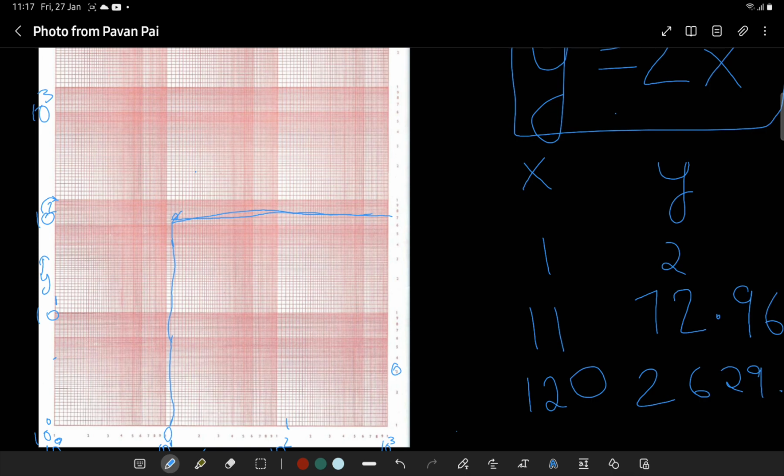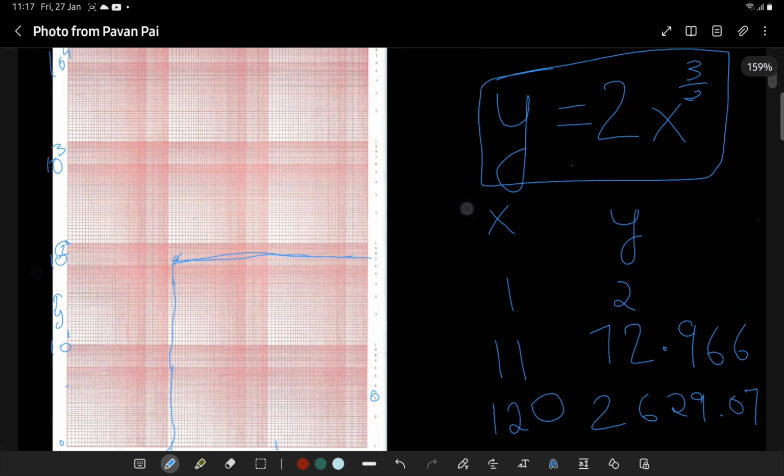Here it comes 2.6, means between 2 and 3 into 10 power 3. This is the line for 10 power 2. Must go still above for 10 power 3. Yeah, here in between these two, sixth line, some sixth line between these two, and from here we are joining, we'll get our third point.